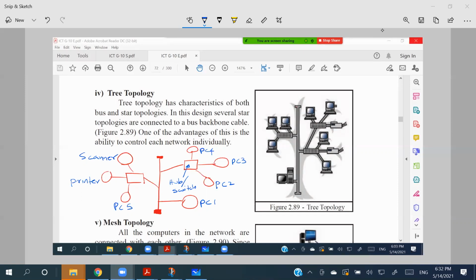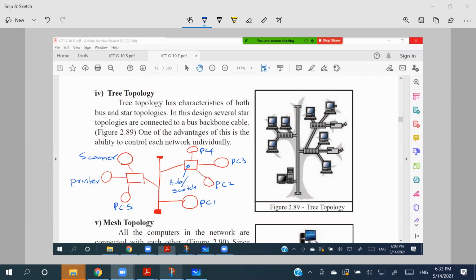Is there anyone still writing? You people are quite fast. Good, good, good. Right. Shall we move? Please indicate to me if there is anyone who is still writing. Right, okay.